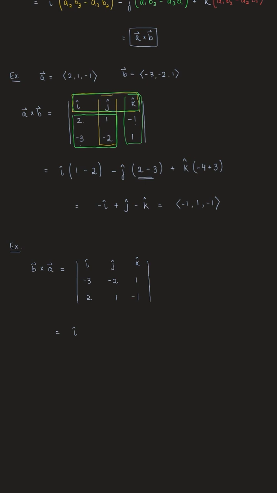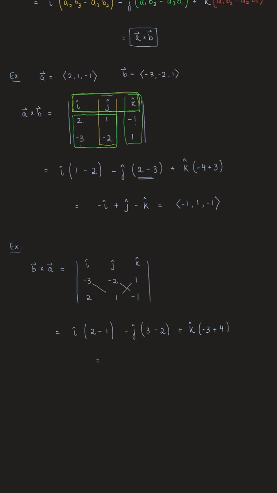Calculating this in the way that I've described, we'll have i hat, and this will be 2 times negative 2 times negative 1 is 2, so 2 minus 1 times 1 is 1, minus j hat, and that will be negative 3 times negative 1, which is 3, minus 2 times 1, which is 2, plus k hat, and that will be negative 3 times 1 is negative 3, minus negative 2 times negative 2 is negative 4, so plus 4.